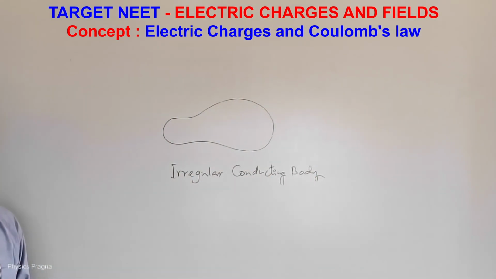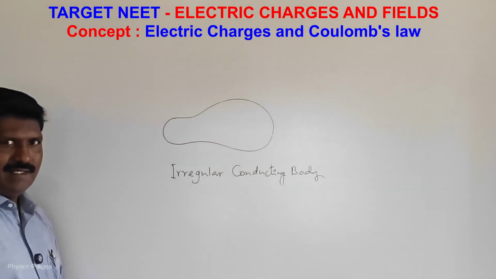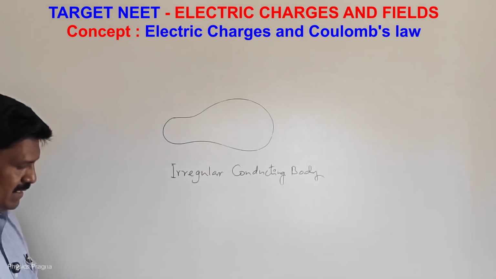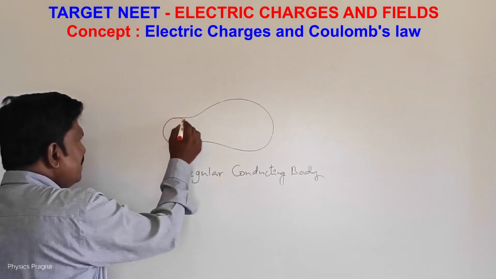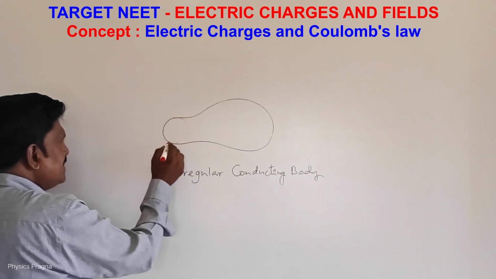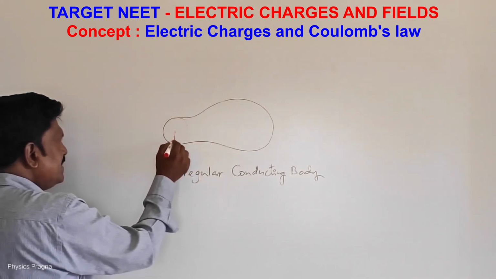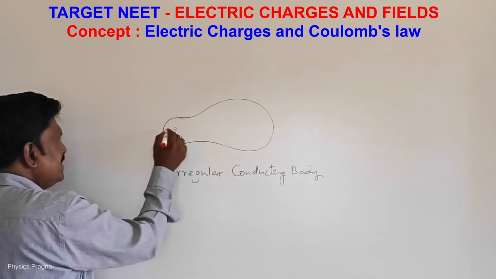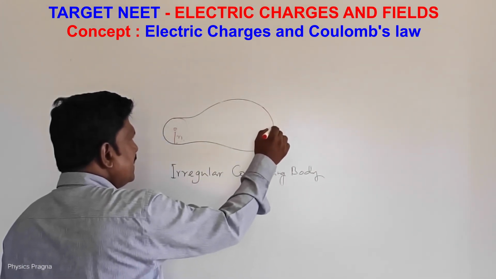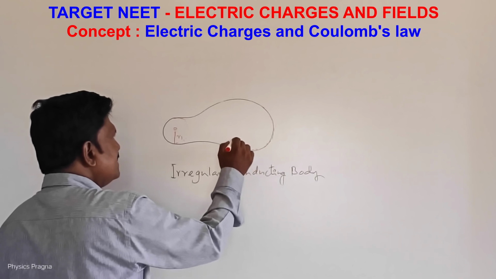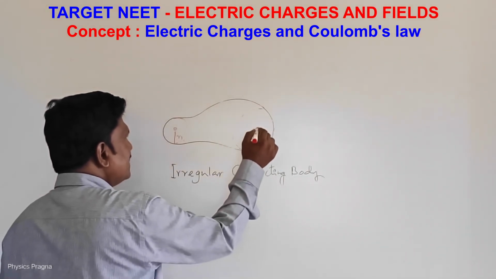If I take a body like this and give it charge, then what happens? See here, this surface can be imagined as a part of a circle. This radius is R1, this is the center of the radius. This surface also we can imagine as a part of a circle.